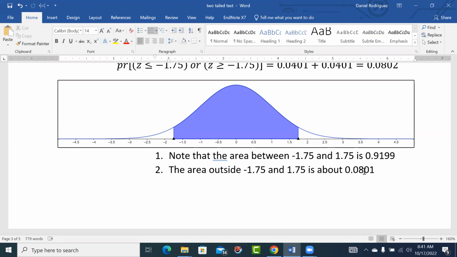So the one-tail probability is always going to be lower. It would be half of the two-tail probability. So that's the way I like to remember it. If I was given a question in a test that says, if this is your two-tail probability, what's the one-tail probability? Just divide it in half. Conversely, if I give you a one-tail probability and I wanted a two-tail, multiply it by 2.